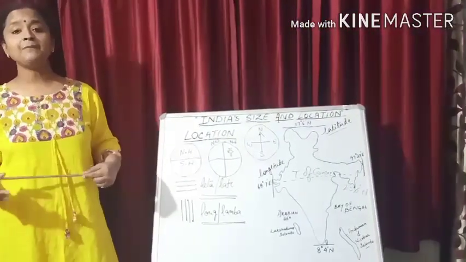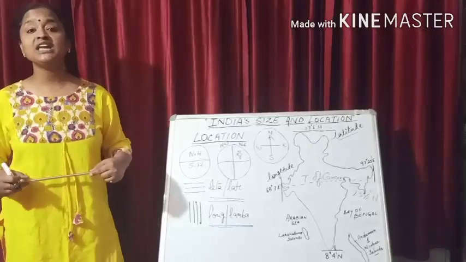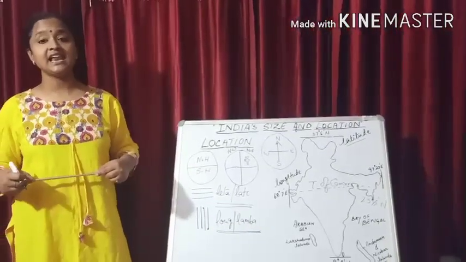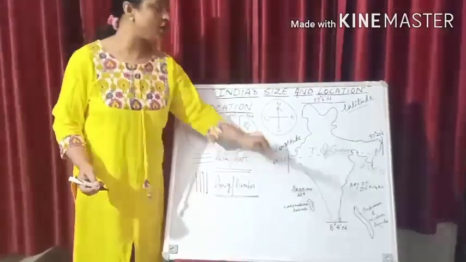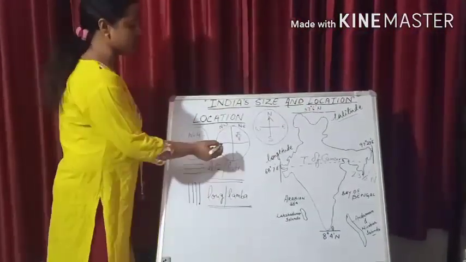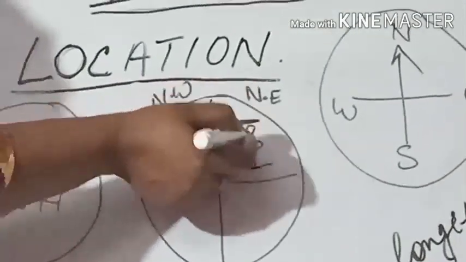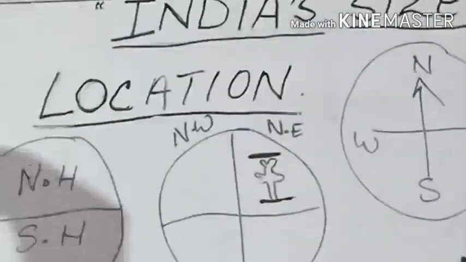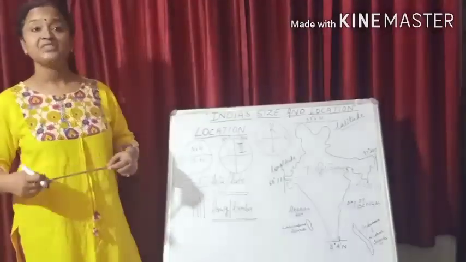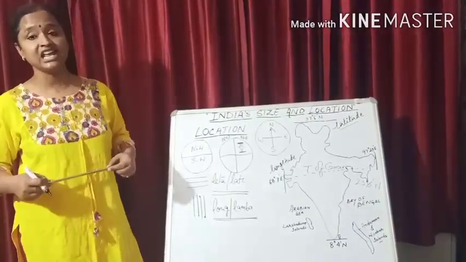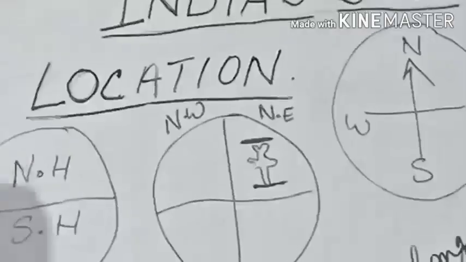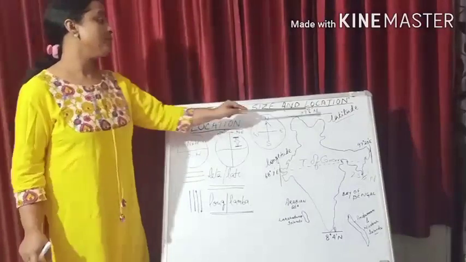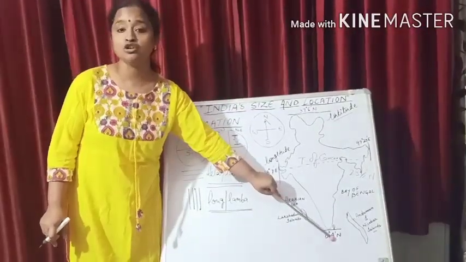If you look latitudinally, India is in between the lines which cut at 8 degree 4 minute north and 37 degree 6 minute north. India lies between these two latitudinal lines, and as it is in the northern hemisphere, we are terming both the areas as north.